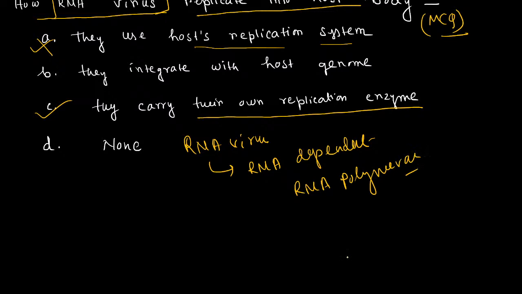It needs RNA dependent RNA polymerase, but we don't have RNA dependent RNA polymerase, so they have to enter our system with their own enzyme, RNA dependent RNA polymerase, for their proliferation.